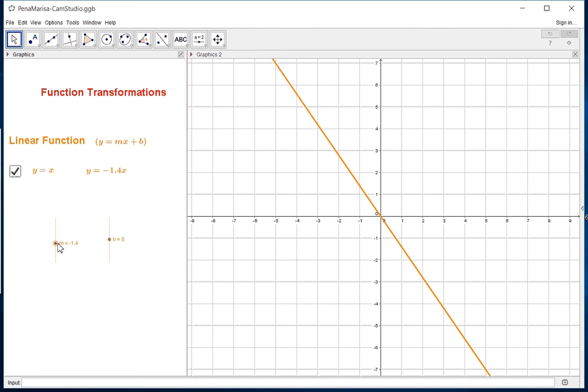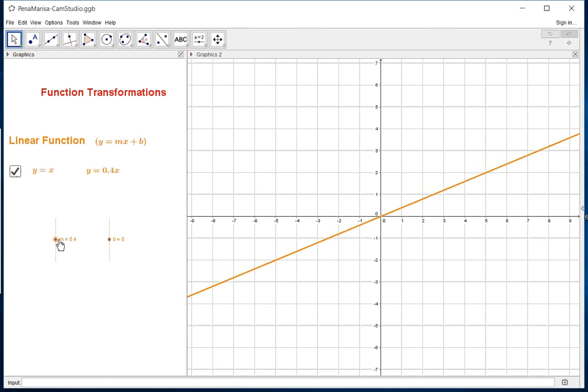the slope, and it affects steepness. So if I move in the negative direction, as the absolute value of m is getting larger, our graph is also becoming steeper, just like it did in the positive direction. So as we can see, changing the value of m affects the steepness, the tilt of our line.